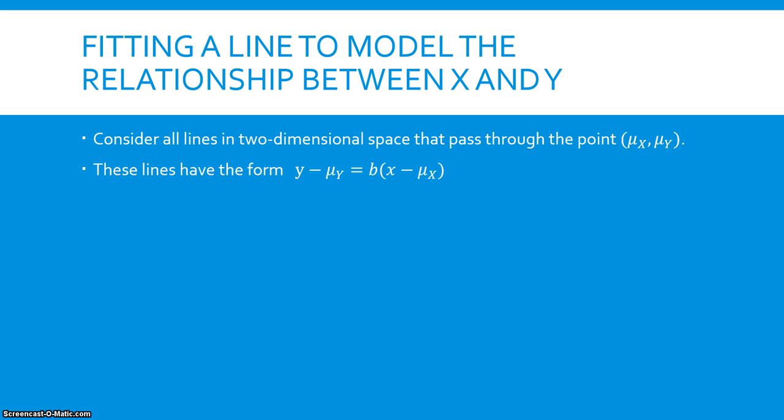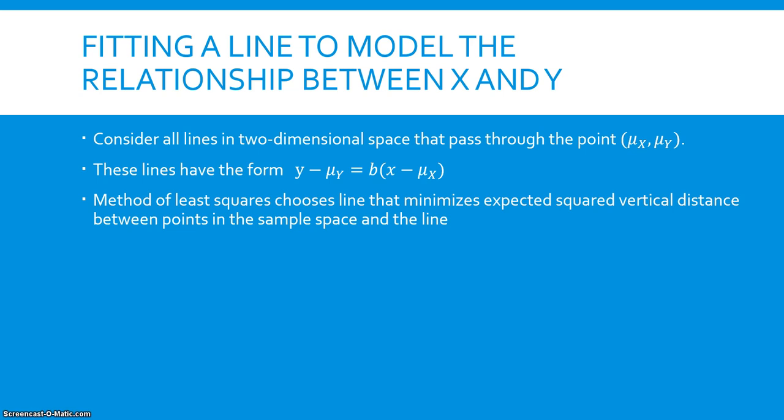These lines have the form y minus the mean of y equals b times x minus the mean of x. This is because the slope of the line b represents the change in y divided by the change in x, which can be rewritten as y minus the mean of y over x minus the mean of x. And if we rearrange things, we can see that these lines have to have this form.